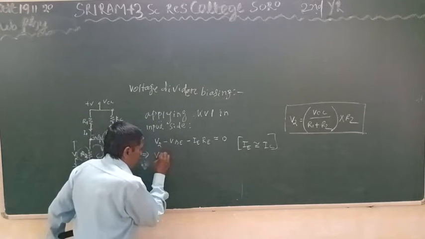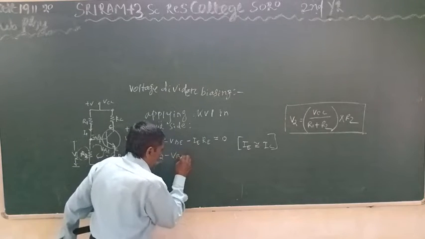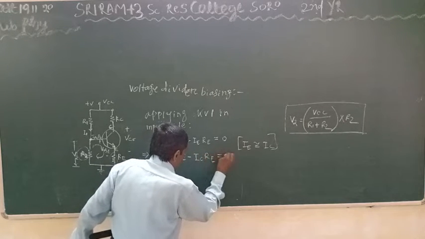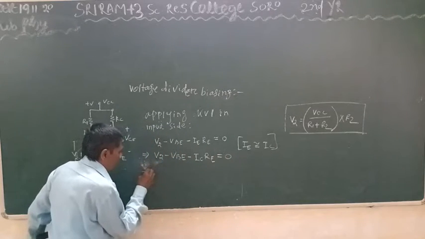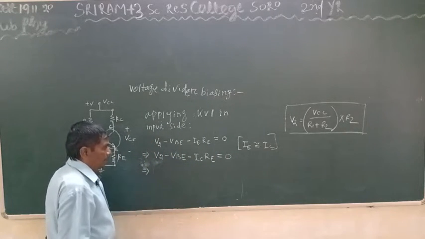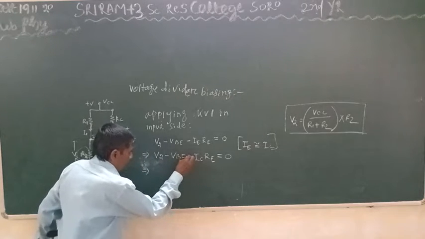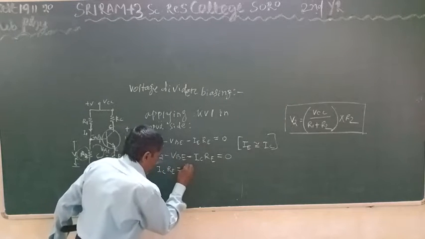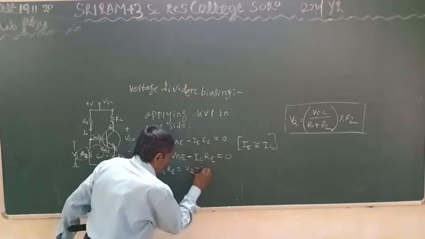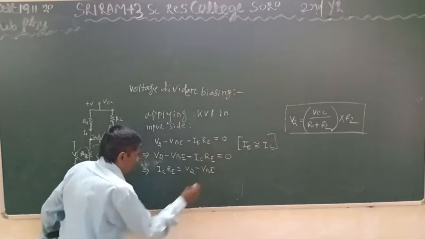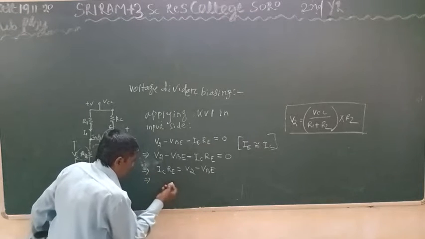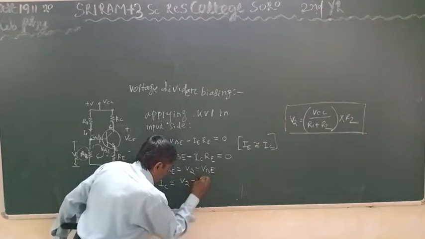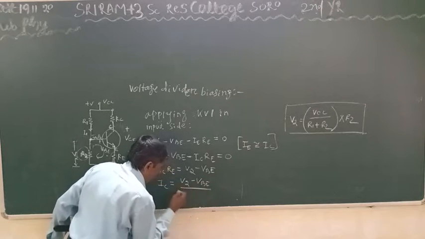Now we get V2 minus VBE minus ICRE equal to 0. Solving this equation, we get ICRE equal to V2 minus VBE. Then we calculate the collector current IC equal to V2 minus VBE divided by RE.